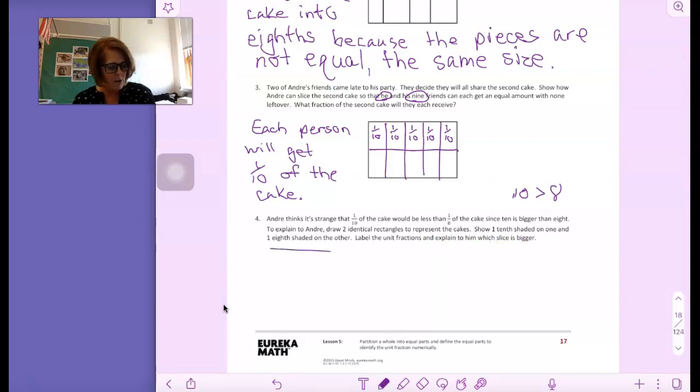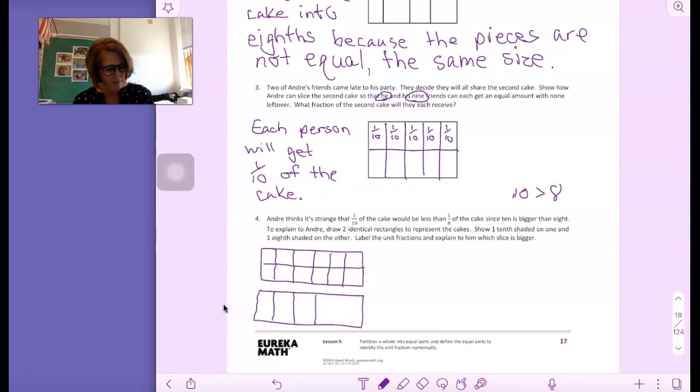So I'm going to draw 2 rectangles that are the same size as best I can. And the first one I'm going to draw tenths. And the second one I'm going to draw eighths. That's not right. Sorry, guys.